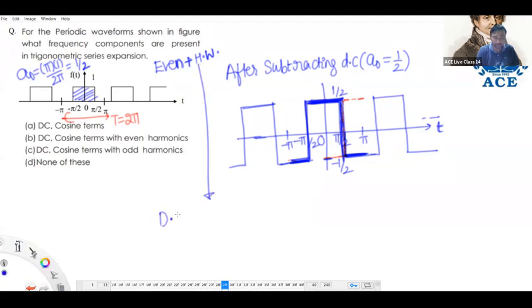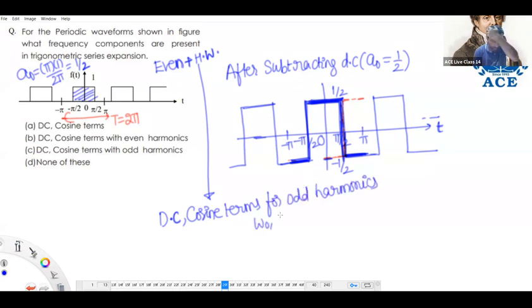Which terms are possible? DC already exists. Cosine terms for odd harmonics only. By direct observation, we felt even symmetry. But after subtracting DC, we also felt it exhibits half-wave symmetry.